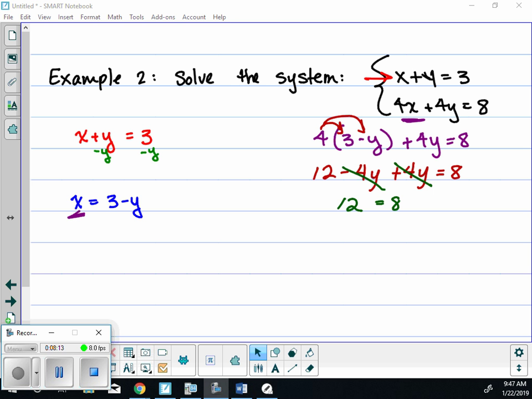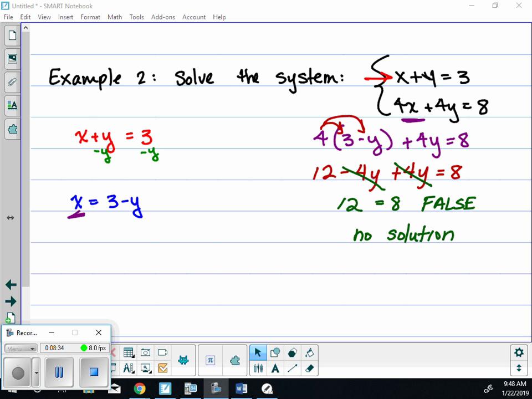So my x's or my y's went away, and I end up with a false statement. That means that this system actually has no solution. If we were to graph these two lines, they would be parallel to each other.